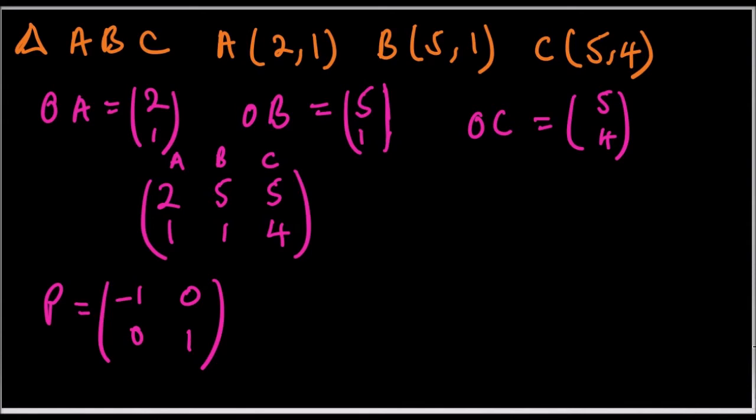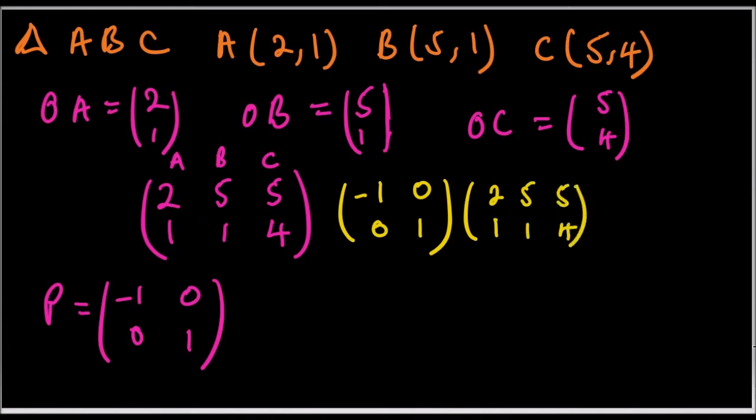So we can write this as minus 1, 0, 0, 1, and we multiply by 2, 1, 5, 1, 5, and 4. Remember how we used to multiply the matrices?